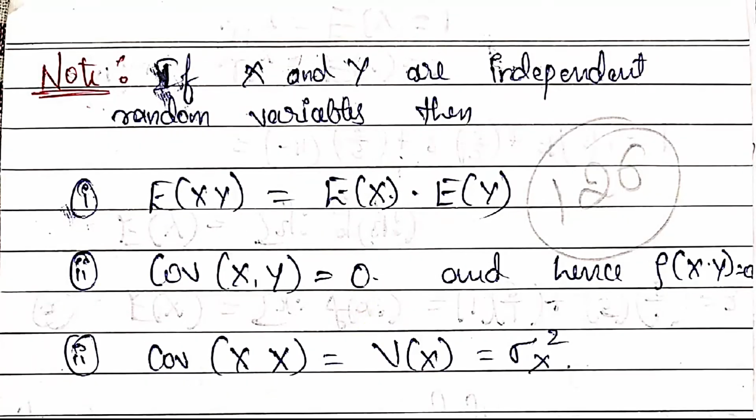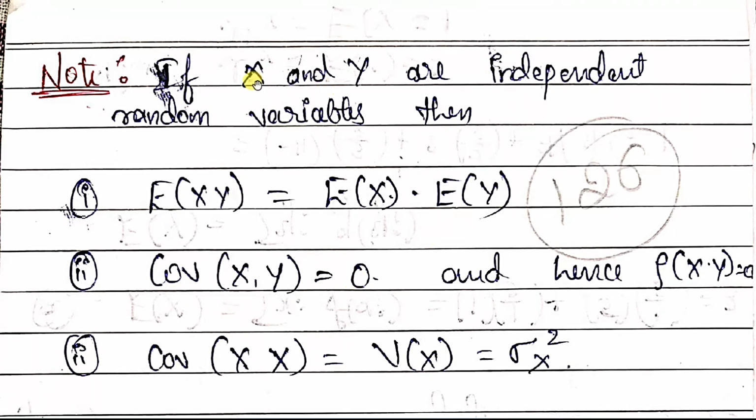Now we note here, if x and y are independent random variables, then expectation of xy is equal to E of x into E of y, and covariance of xy is equal to 0.